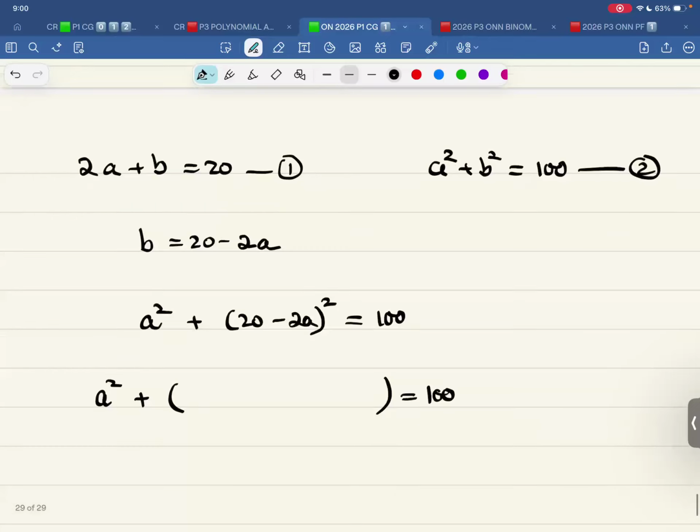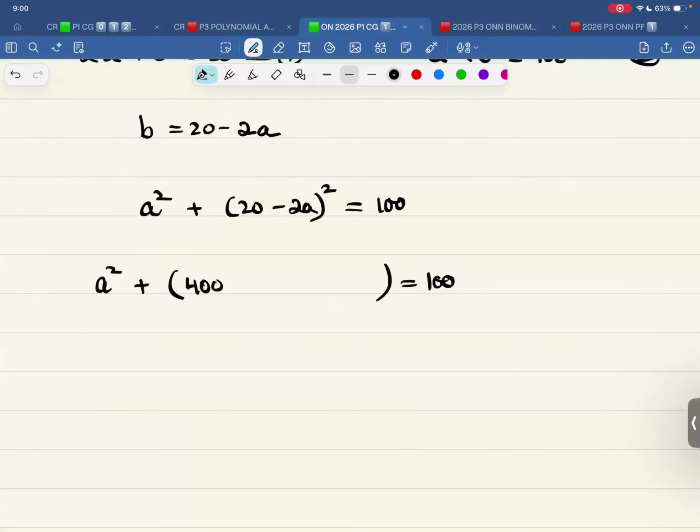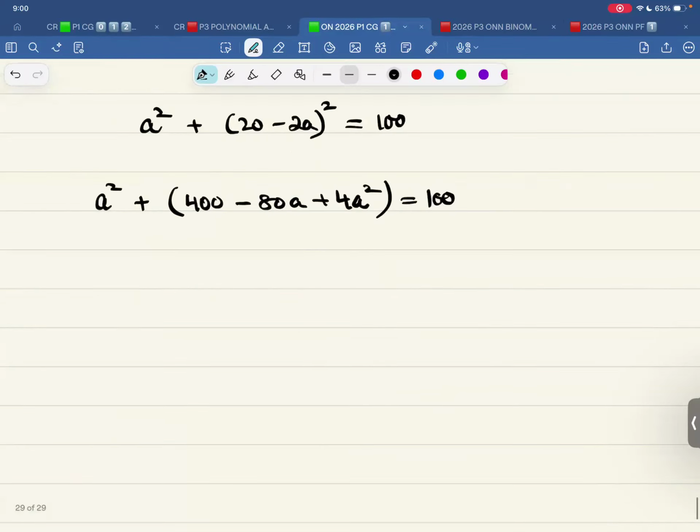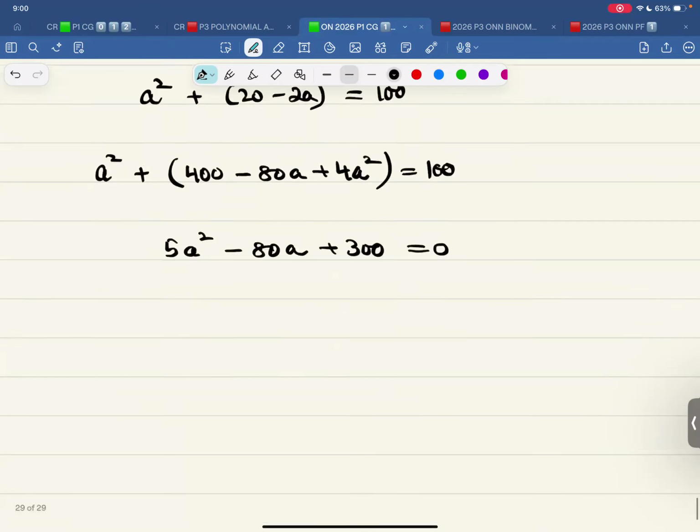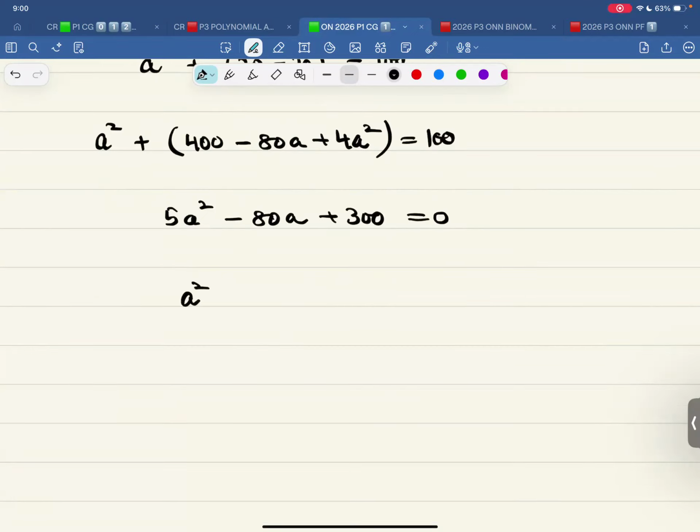This is 2a, this is 400. 2 into 2 is 4, 4 into 20 is 80, minus 80a plus 4a squared. Now I have that feeling it's 100% correct. 5a squared minus 80a plus 300 is equal to 0, divided by 5. That is a squared minus 16a plus 60 is equal to 0.